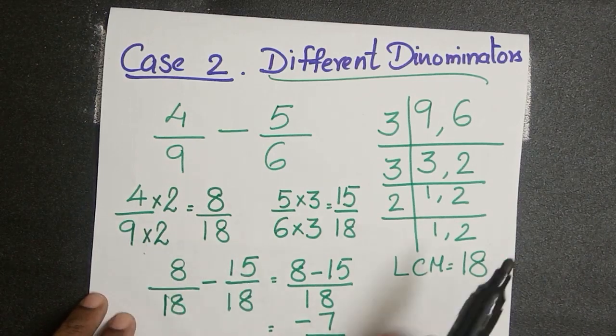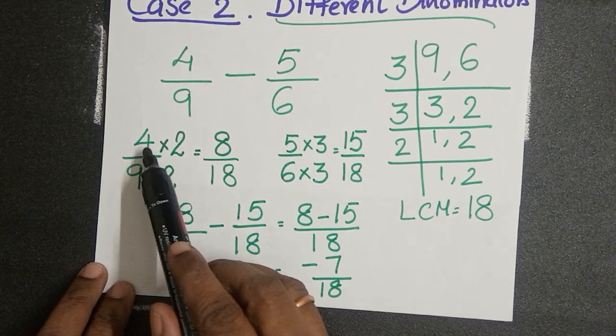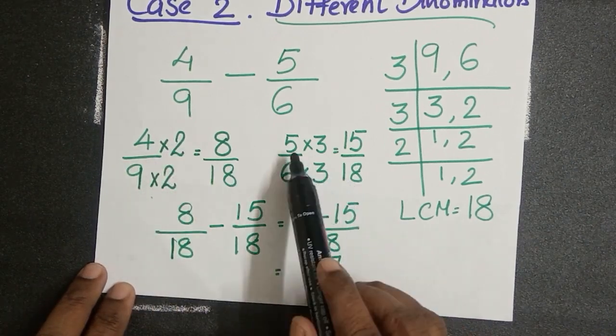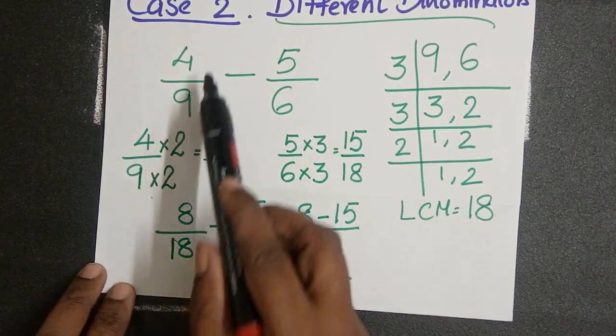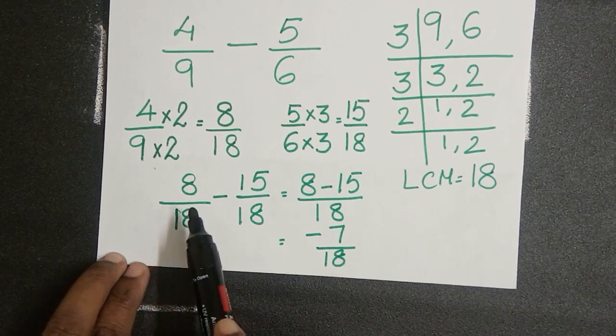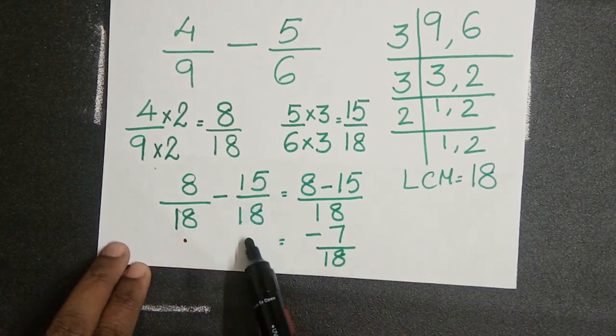So 9 2s are 18. So 4 2s are 8. 6 3s are 18. 5 3s are 15. So we converted 4 upon 9 and 5 upon 6 as 8 upon 18 and 15 upon 18.